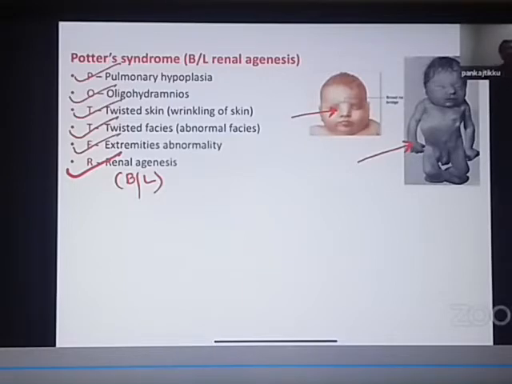Right? So what is the syndrome called? It is known as Potter syndrome. So if someone asks you Potter syndrome is associated with, you will say bilateral renal agenesis.